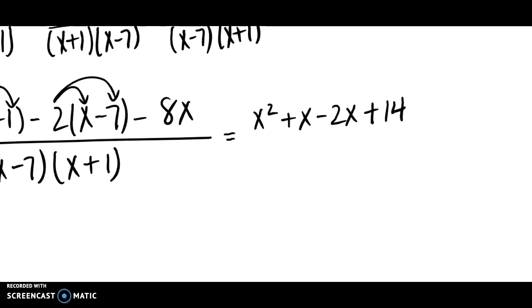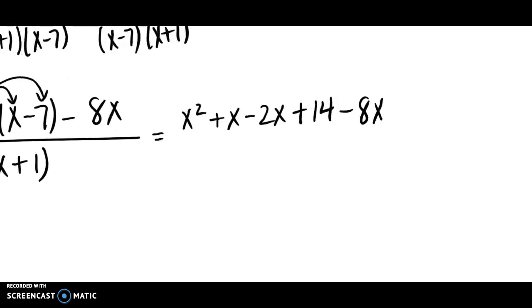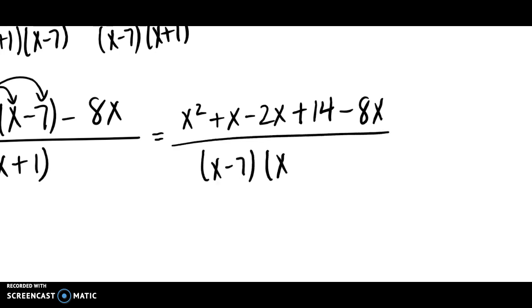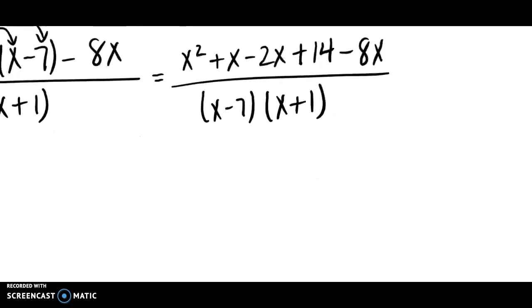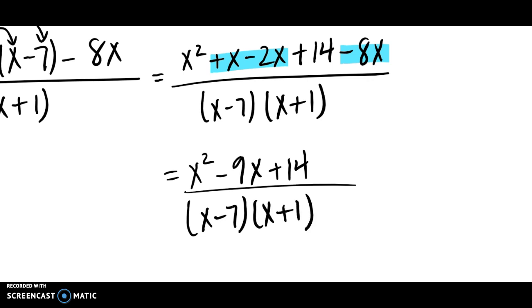Negative 2 times negative 7 would give us positive 14, and then minus 8x, all over x minus 7, x plus 1. Now combine like terms. We have x squared, and then if we combine positive x, minus 2x, and minus 8x, we're going to get negative 9x and then plus 14. And at the bottom we have x minus 7, x plus 1.